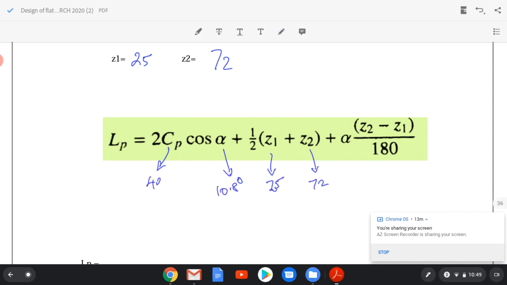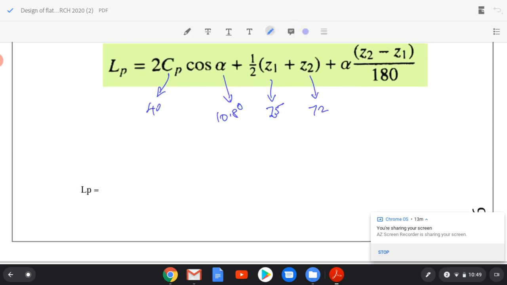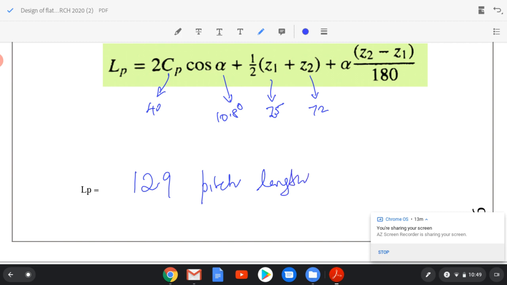After substitution, I will get Lp equal to 129 pitch length. And we have already found this pitch length P. So what will be the actual length? 129 into pitch length.